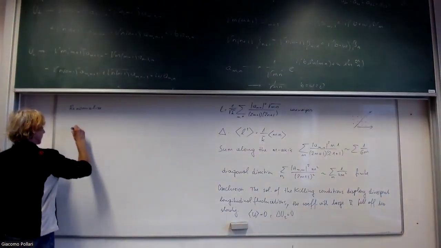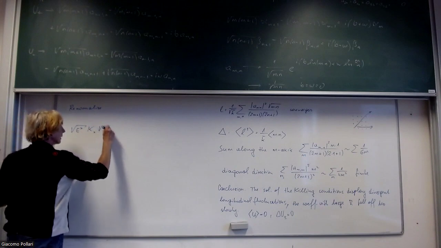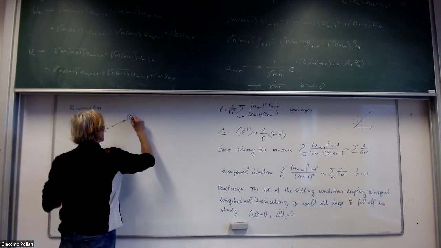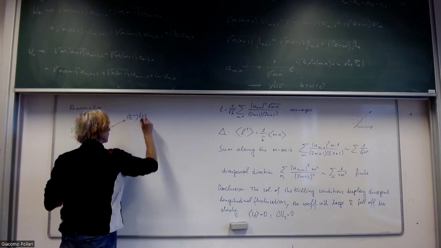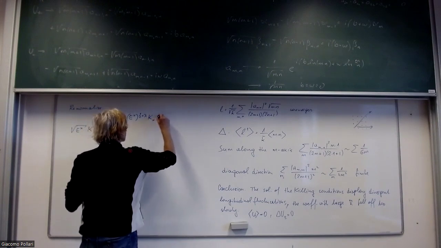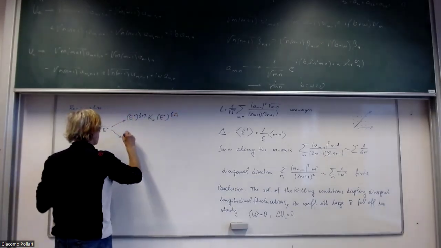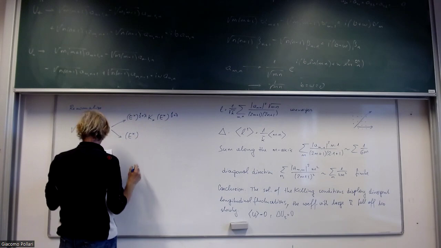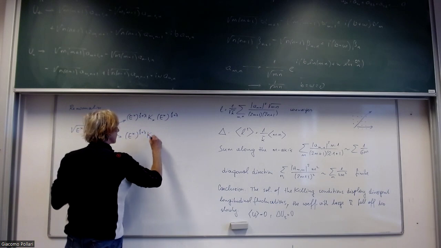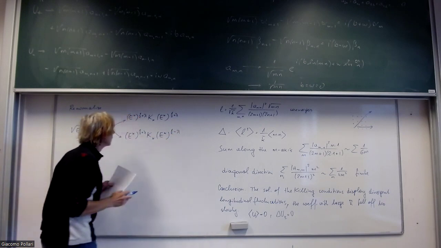Now replacing E^x, K_x, square root of E^x, with E^x to the 1/2 plus some small number lambda, K_x, E^x to the 1/2 plus lambda, or E^x to the 1/2 plus lambda, K_x, E^x to the 1/2 minus lambda.